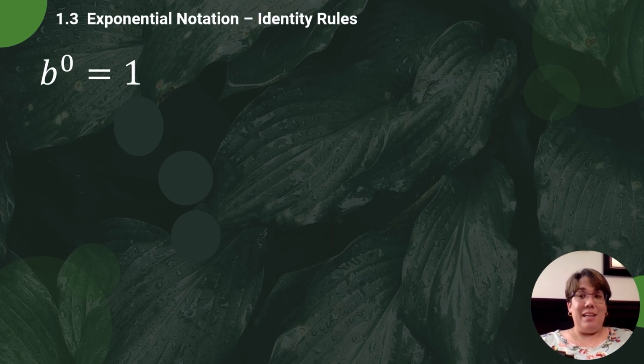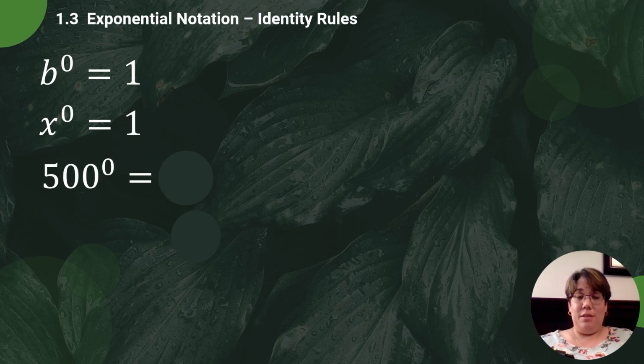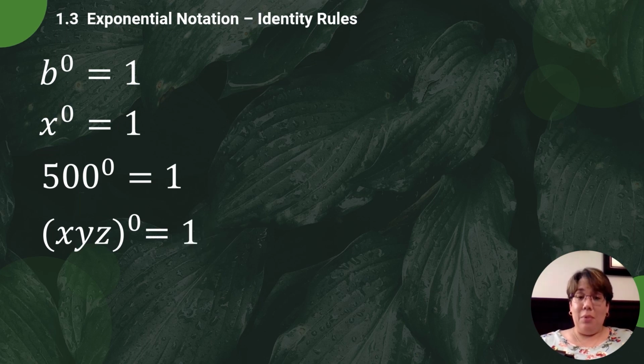So any base to the 0 power is equal to 1. x to the 0 power is equal to 1. 500 to the 0 power is equal to 1. x, y, z to the 0 power is equal to 1.